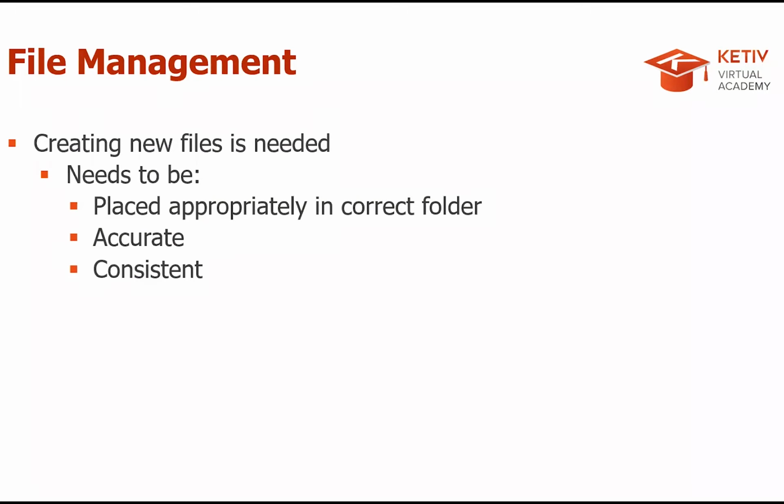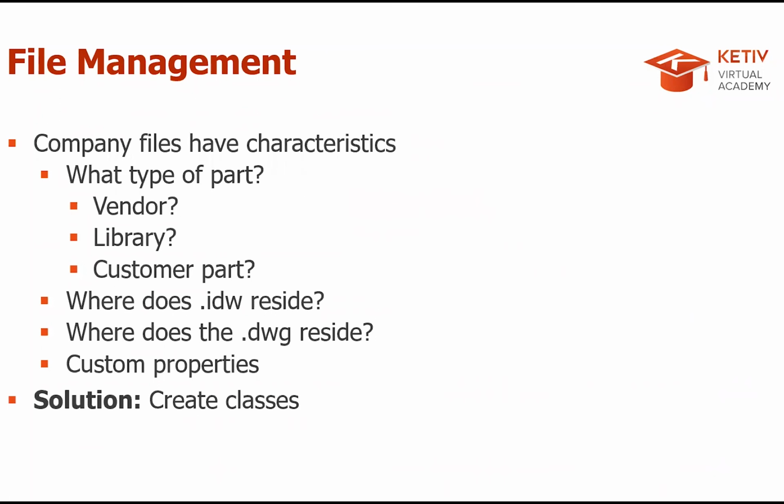So when you're going down this path of automation, you might find yourself having to create new files and new drawings. And it's very important that when you create these files, you're consistently sending them to the right directory, and that it's accurate as well. Also, depending on your company, your files have different characteristics. There's certain parts that might be library parts.